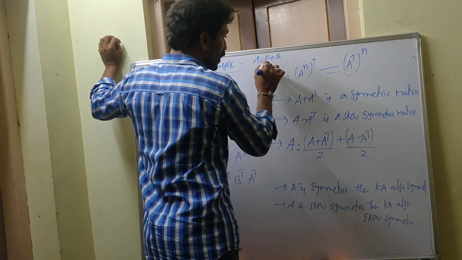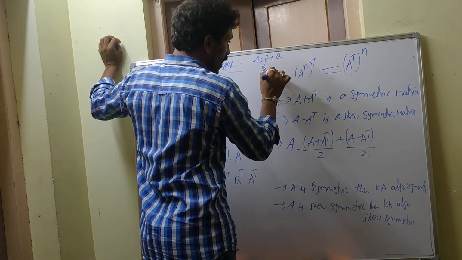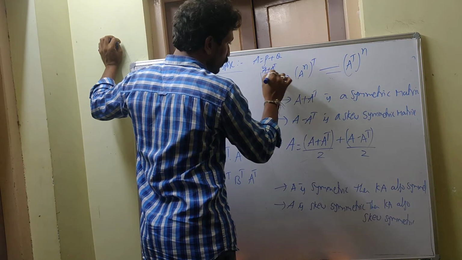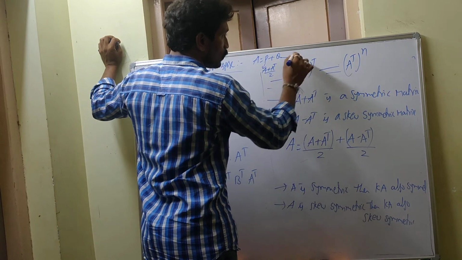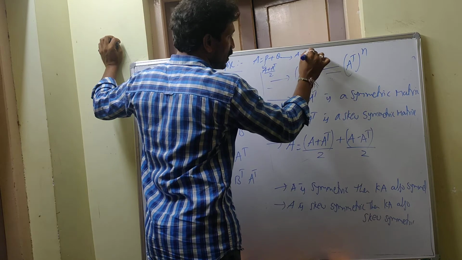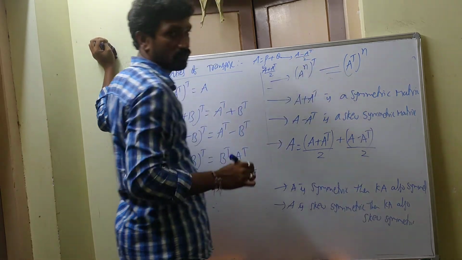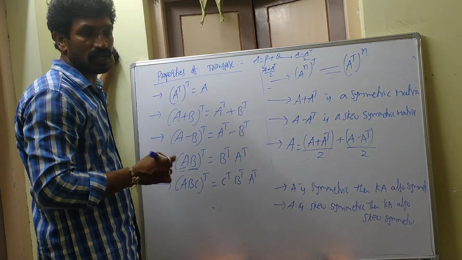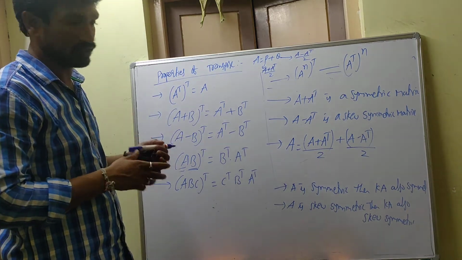Which one is symmetric? That one is nothing but A plus A transpose by 2. Which one is skew symmetric? That is nothing but A minus A transpose by 2. Just remember. Based on this one, you see one question.